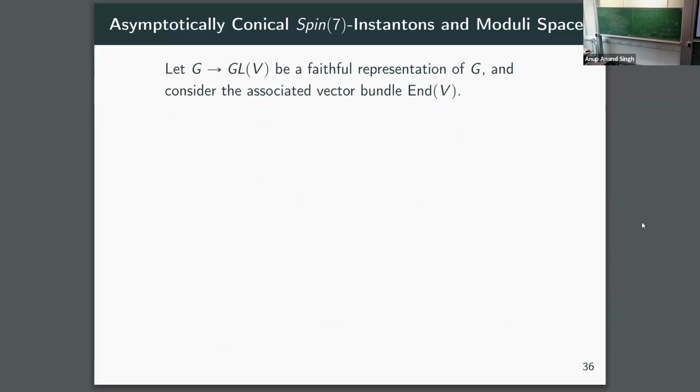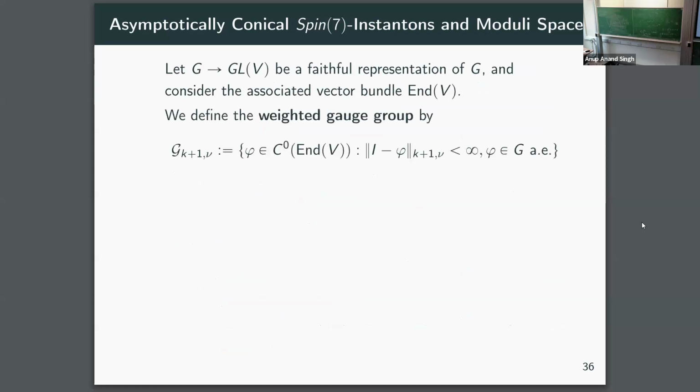Okay, so I can now talk about the moduli space, which means I'll consider the gauge group, which will have a similar asymptotic nature. It will converge to the identity at infinity.